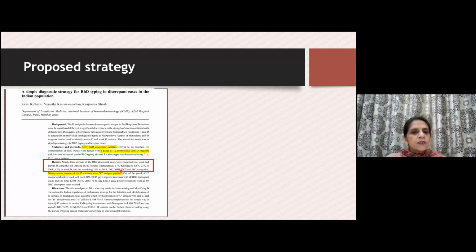Amongst these characterized variants, 37% belonged to DFR, 23% to DOL, and 12% to weak D, and the remaining 21% belonged to other categories, including D5 and D6. Another finding was that 97% of the D variants were even capital C antigen positive. So they proposed that we should use 2 monoclonal anti-D reagents.